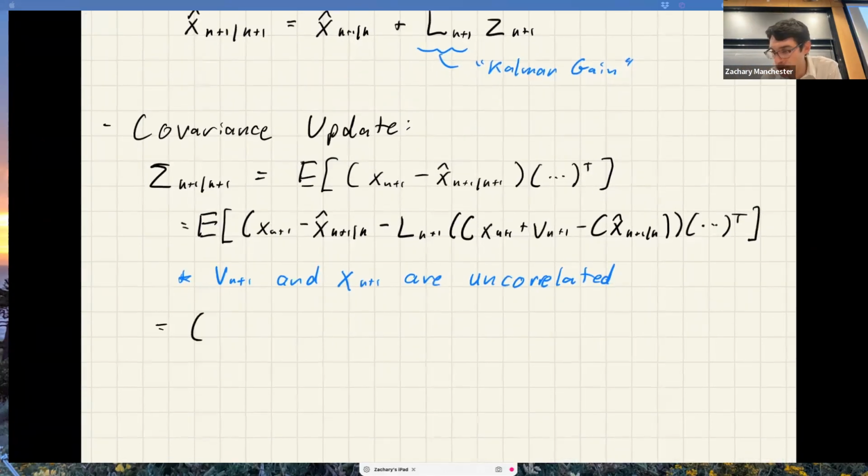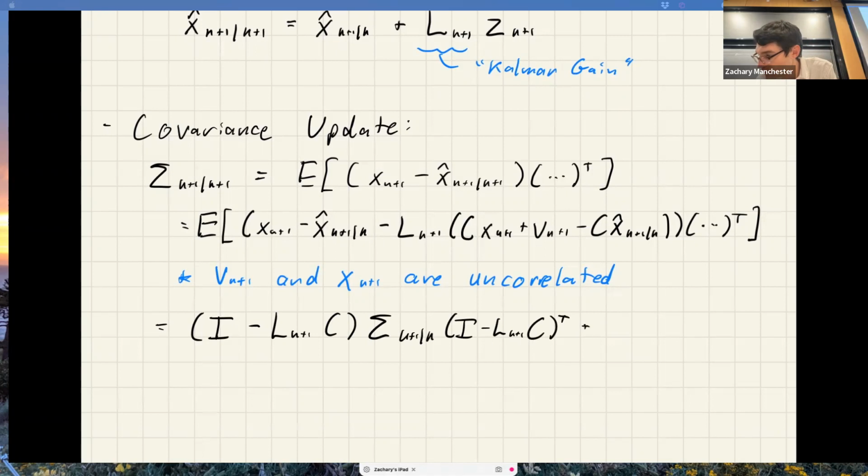And out pops the following. Okay, so that's a covariance update.